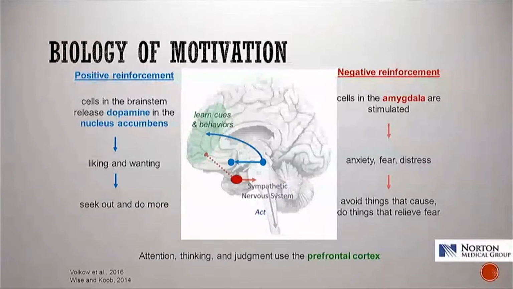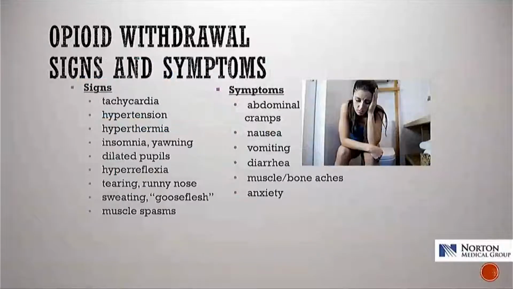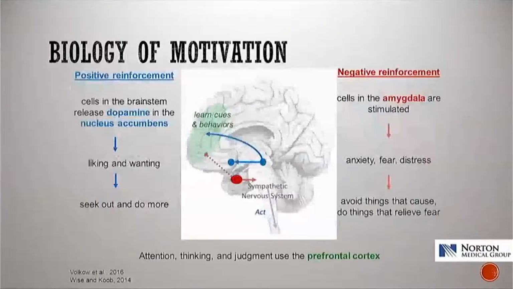I want to touch upon the opioid withdrawal symptoms because, before I went into addiction, I didn't quite grasp the significance of this until I saw people in withdrawal. I will tell you, people will do almost anything to keep from going into withdrawal. They liken it to feeling like they're going to die. So a lot of times they get into this mode where they're trying to survive, and they will take whatever they need to take to just get out of withdrawal.